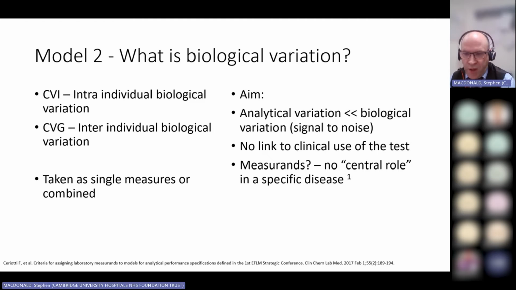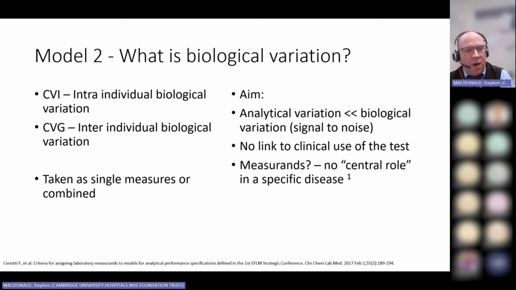Now, my homeostatic set point will be completely different to an extent to everybody else that's on this call just now. So everybody else will have their own homeostatic set point, and they will all be different. So the degree to which they vary across the entire population of the people on this call is the inter-individual biological variation, CVG.